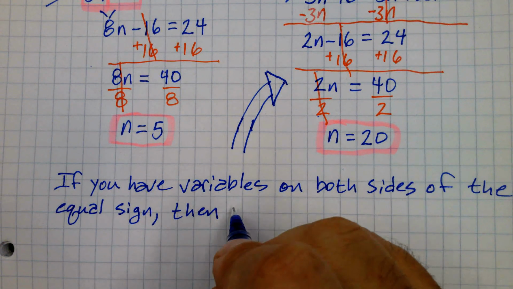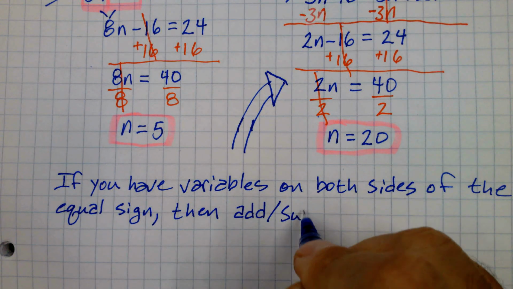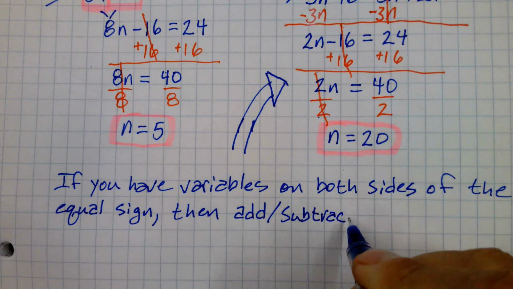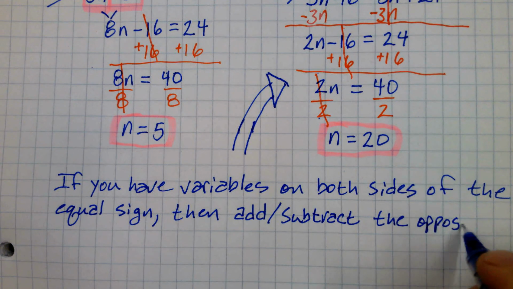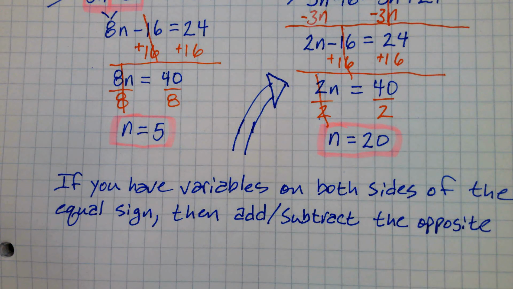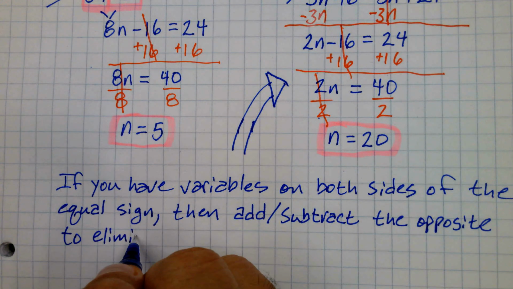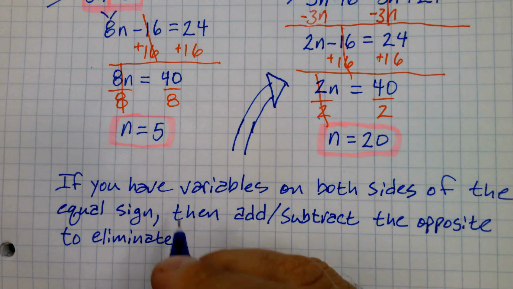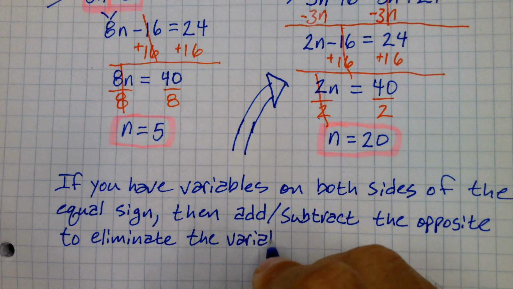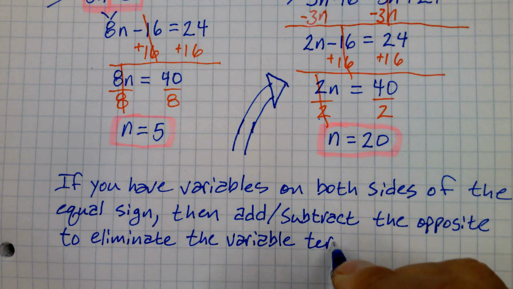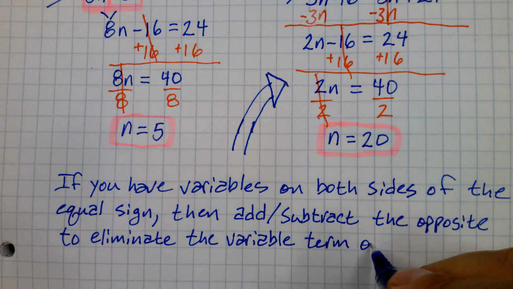We add or subtract the opposite to eliminate the variable term from one of the sides.